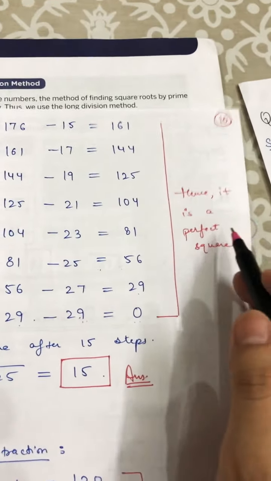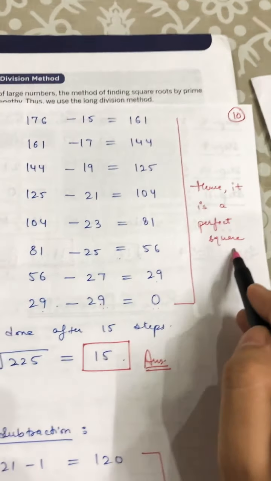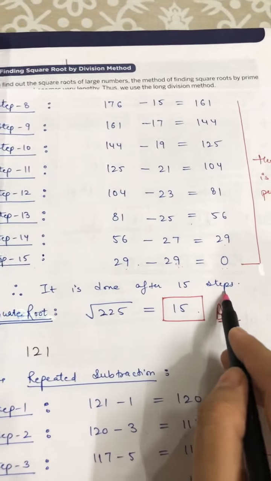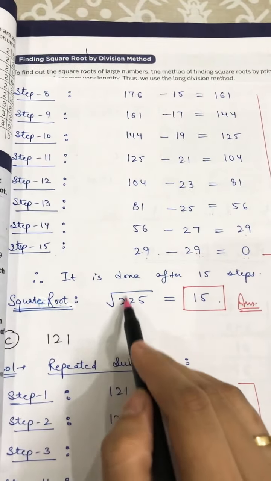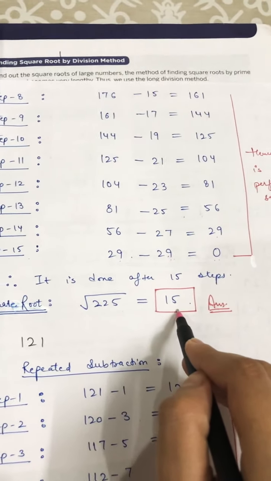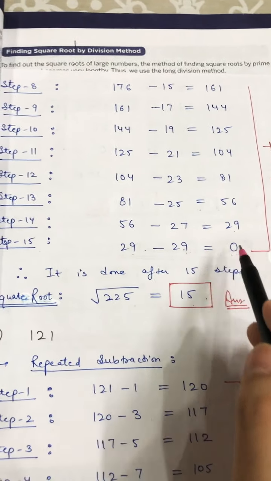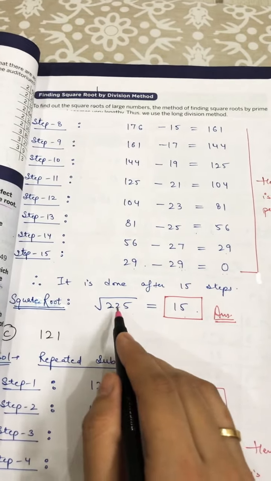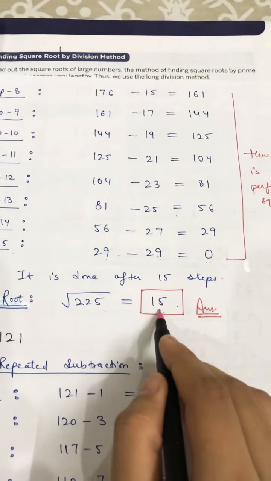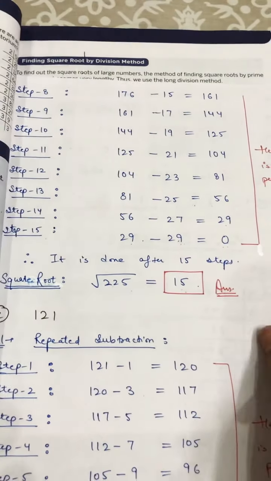Hence you can write this line: hence it is a perfect square, and it is done after 15 steps. So the square root of 225 is equal to 15. Because your answer is 0 after 15 steps, you can write directly that the square root of 225 is equal to 15. This is your answer.